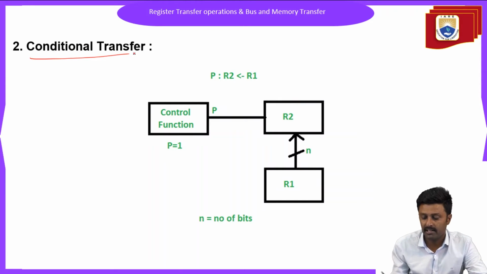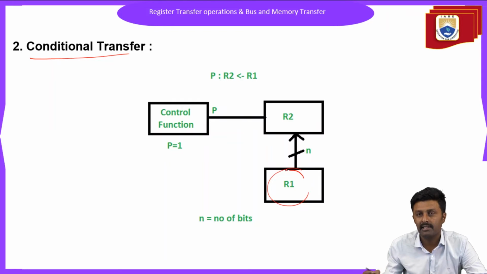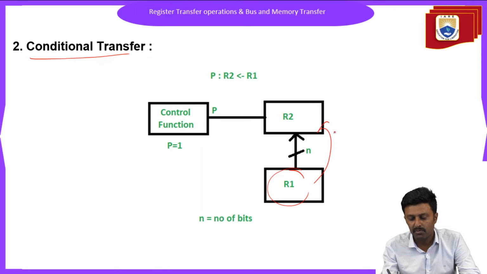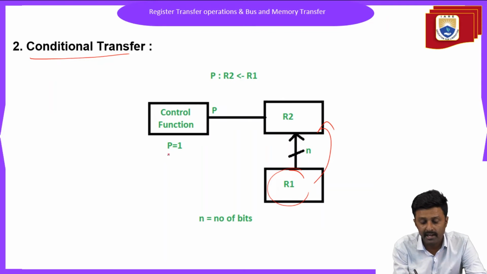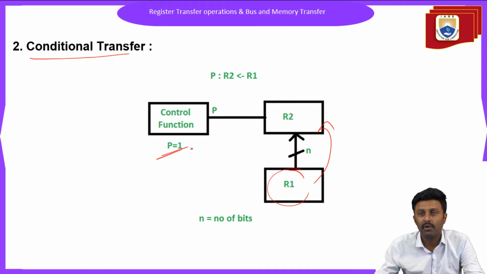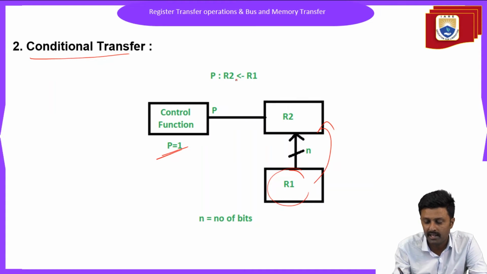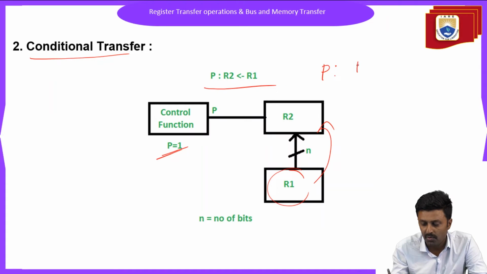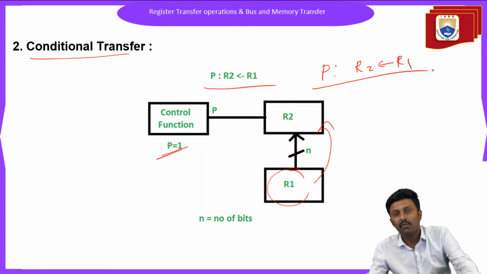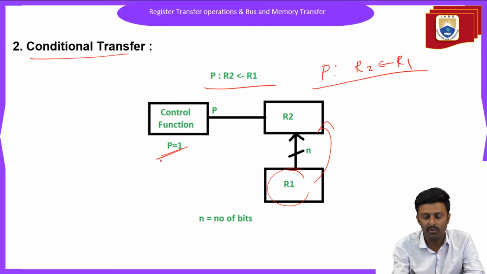In the conditional transfer, the content of the register R1 is moved to R2 when P equal to 1. The instruction is P colon R2 gets R1. The difference between the previous one and this one is that here we are mentioning a condition, that is, the control function is used when P equal to 1.